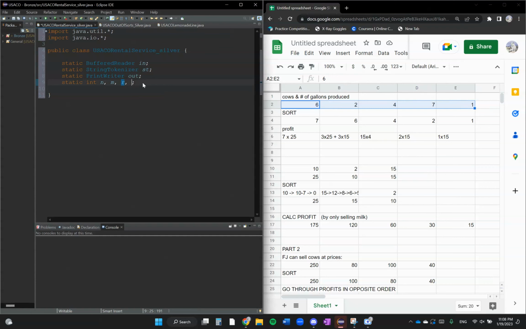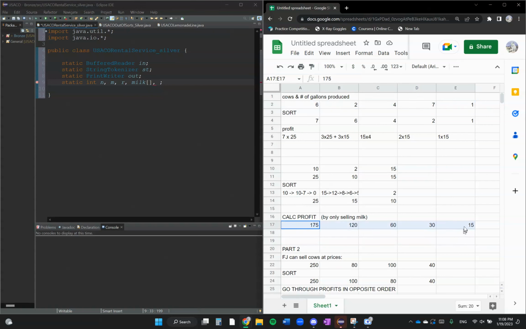Let's call it milk. Then let's create another array that's going to be the profit that each individual cow is making. And each cow is going to have the same index in milk and profit, in the order that it was introduced in the input.